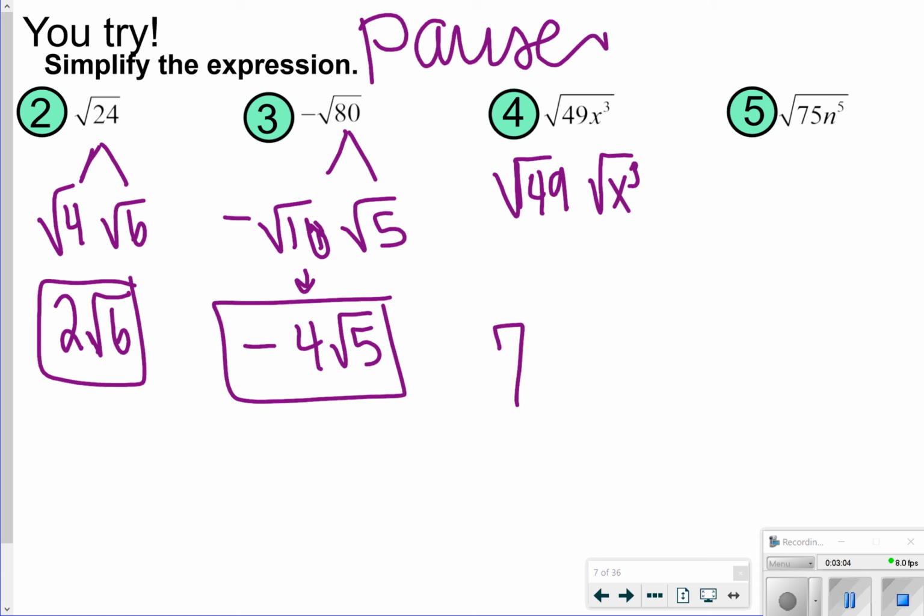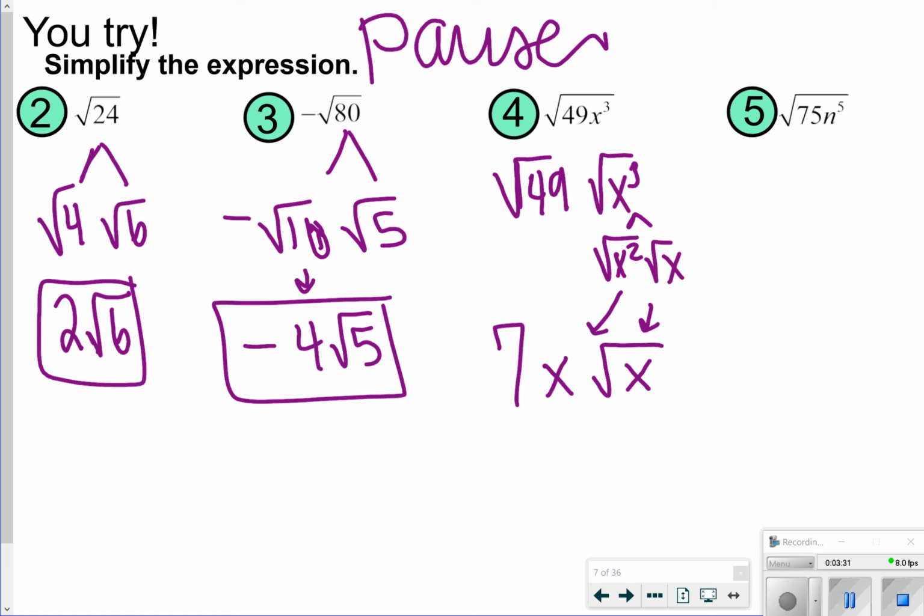But x to the third can be broken up using a perfect square of x to the second times x. So we're doing the same thing here with the variable, except we don't have a number now. So x to the third is the same thing as x squared times x, and for x squared we can find the square root, which is just x. And then we don't know what x is, so we're just going to leave that one in the radical.